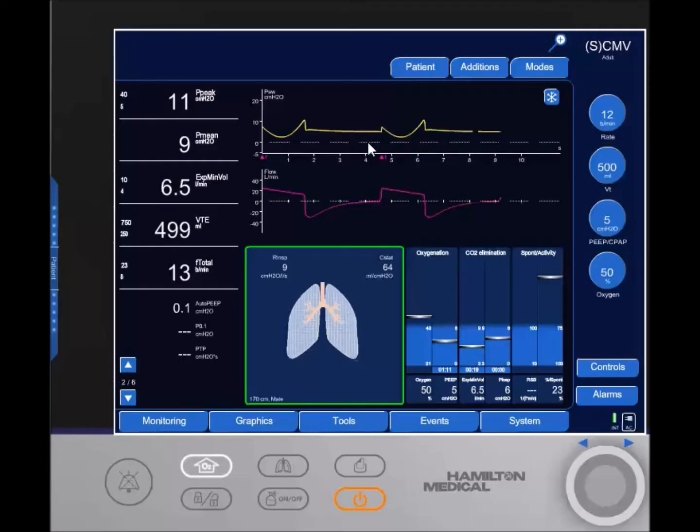So it does not allow for a coordination of a mandatory versus a spontaneous breath. My patient can't take a longer breath if they want to, or take a shorter breath. It's the same inspiratory time as the mandatory breath.